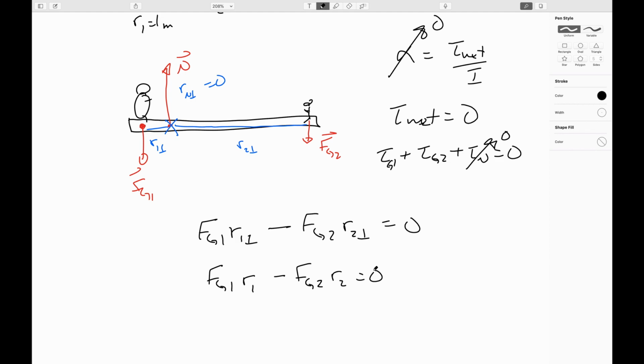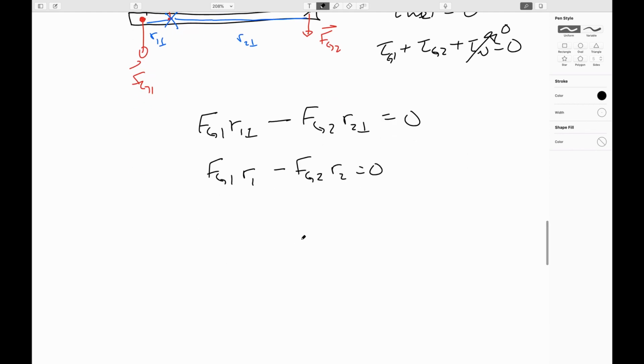All right. So we can go ahead and solve this for R2. So add that to both sides and then divide by Fg2 is going to give me Fg1 over Fg2 times R1. So this will be M1G over M2G times R1. Cancel, cancel. Hey, isn't that interesting?